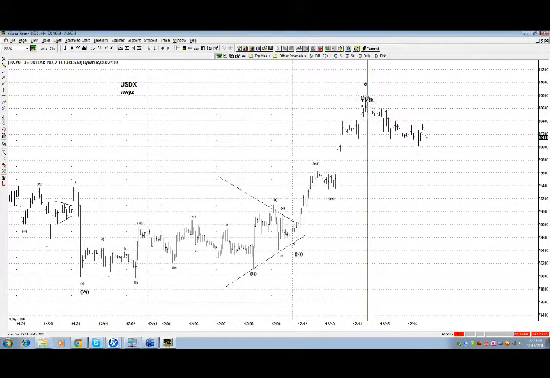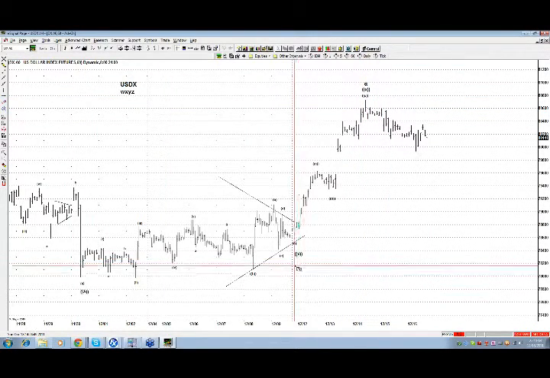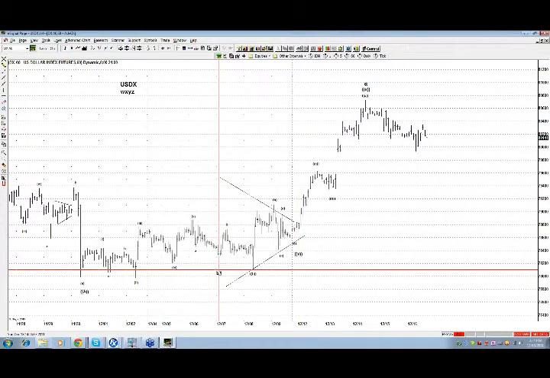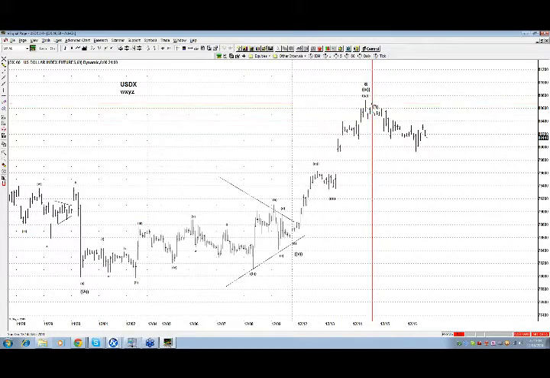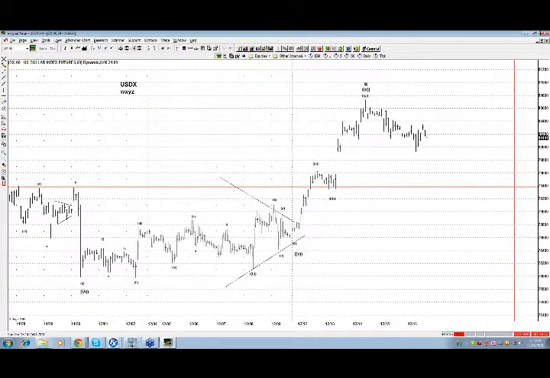Okay, the second scenario is we have the triangle. I know it's not the most pretty triangle in the world. We got the triangle and then 2 legs to the 1.236. And explaining all over again why I think that still is possible. Now, the one that we're playing is this one, in my belief.